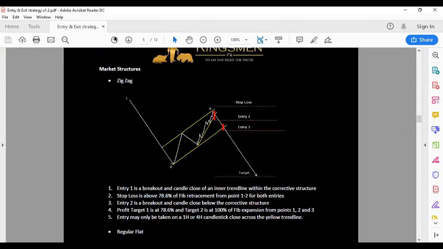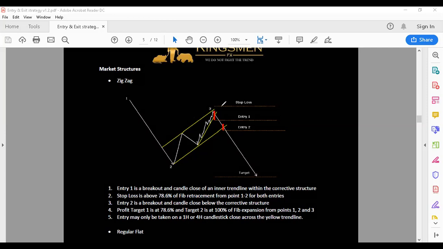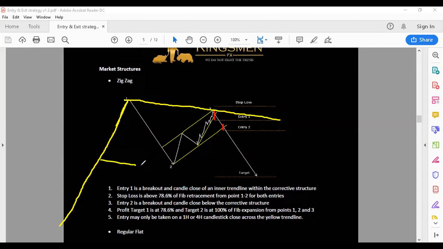Like this zigzag. A zigzag will usually be a three-wave move of a bigger structure. On this one we are looking to take a sell trade. On the other hand, this zigzag can be a correction of a buy trade.